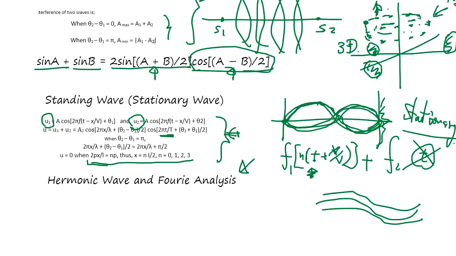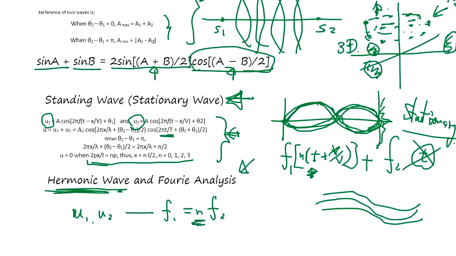Okay, so that's called a standing wave, and it's happening in the music instrument. The reason is harmonic waves. Okay, a standing wave happens when two different sounds, U1 and U2, have a frequency relationship with an integer multiple, meaning double or 4 times, sometimes 3 times.